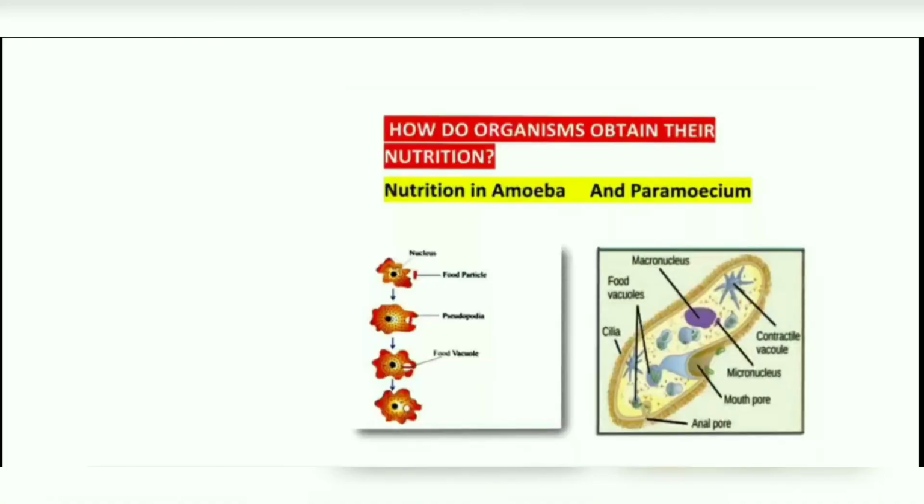Okay, so let's now discuss how organisms obtain their nutrition, coming to unicellular organisms like amoeba and paramoecium.